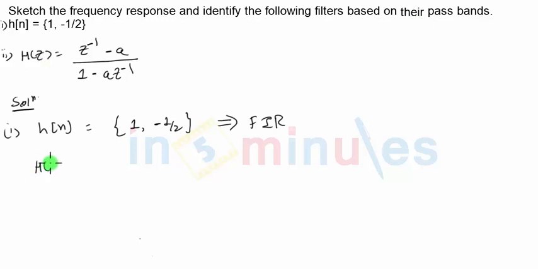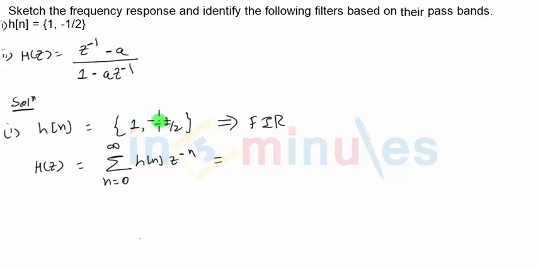So let's first find the z transform of the given filter, where the definition is summation h of n into z raised to minus n. n will vary from 0 to infinity, generally for causal signals. If h of n is not causal, then we can also start from minus infinity. All the practical filters must have a causal sample response, and hence n will start from 0 for them.